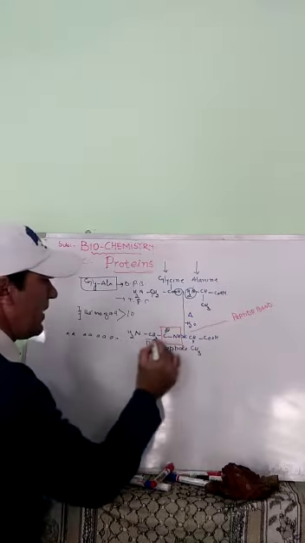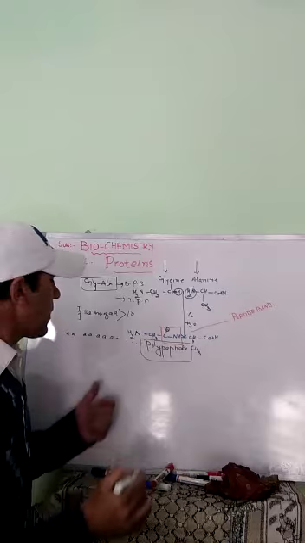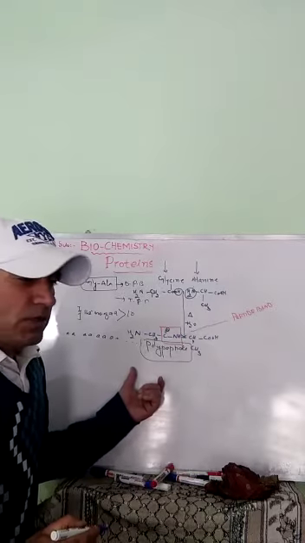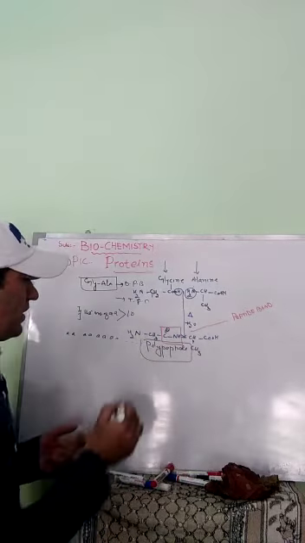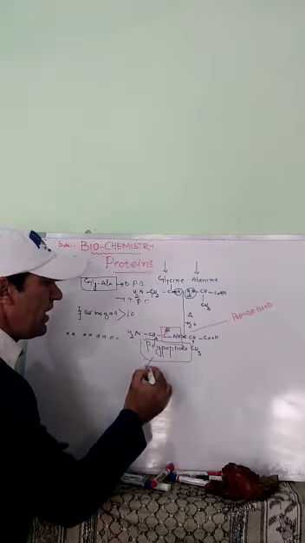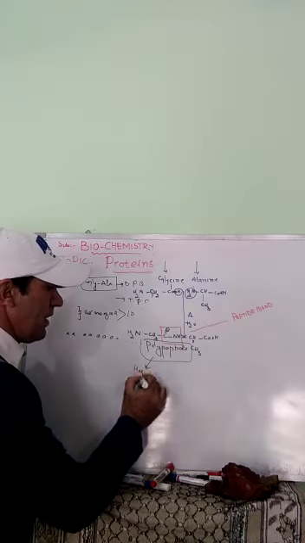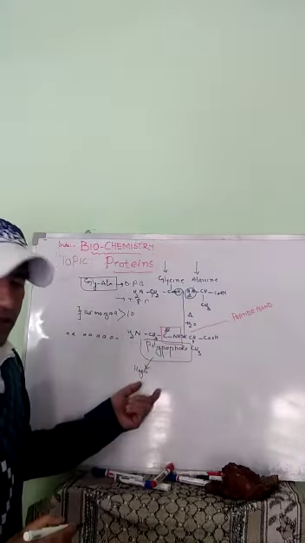So a polypeptide is formed by a number of amino acids. So obviously its mass is very high because it is made up of a number of amino acids.